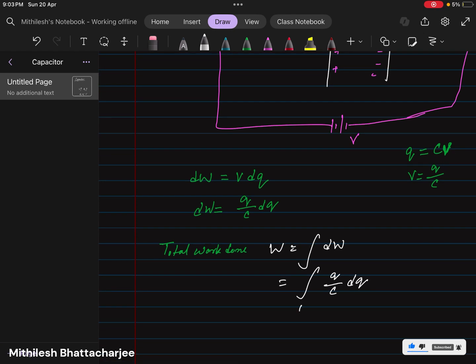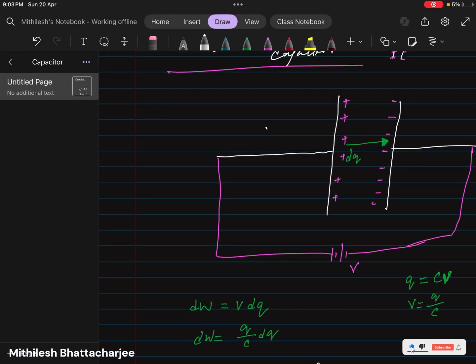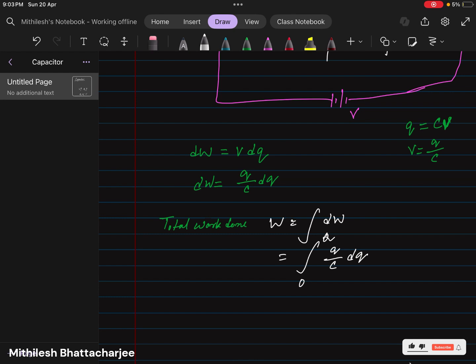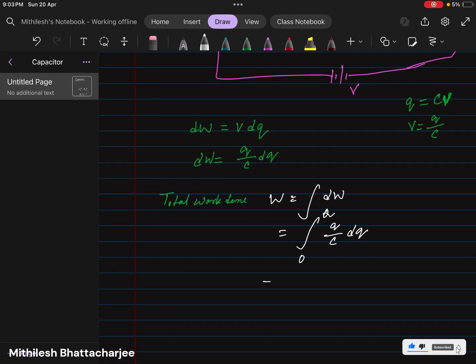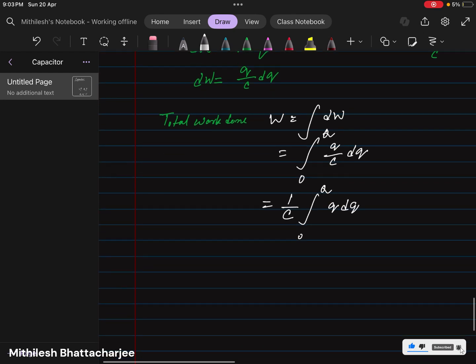The integration limit will be 0 to Q, meaning for this capacitor the total charge is capital Q. Just 1 by C will be outside of the integration because capacitance is constant for any particular capacitor. So 0 to Q, q dq. Just do the integration.